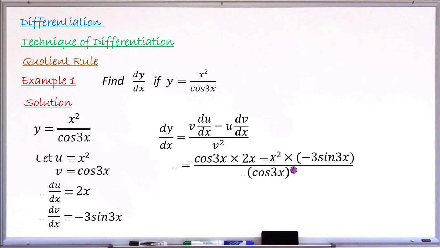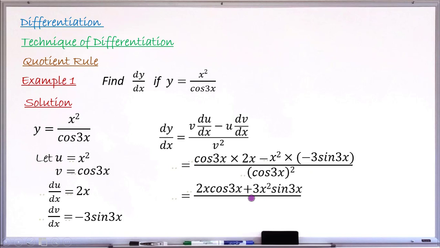I continue. So what remains is to perform these multiplications. So cos 3x times 2x gives you 2x cos 3x. Then x squared times this very bracket. Inside the bracket, remember, here is minus, and minus x squared times this will change to plus. So you're going to have 3x squared positive sine 3x.